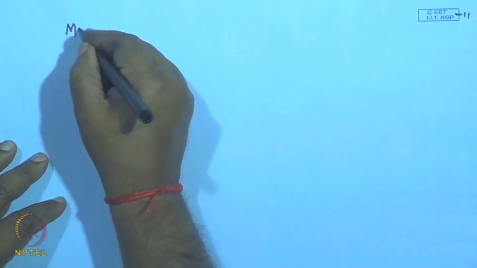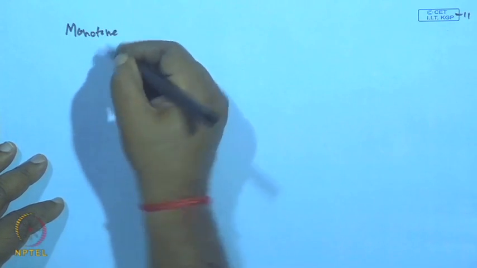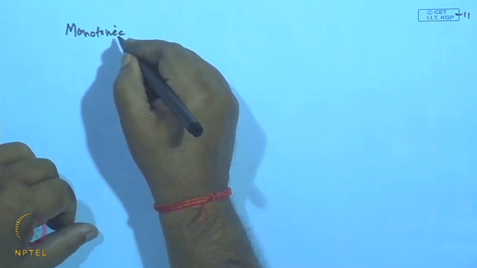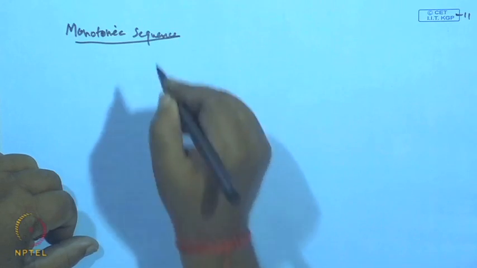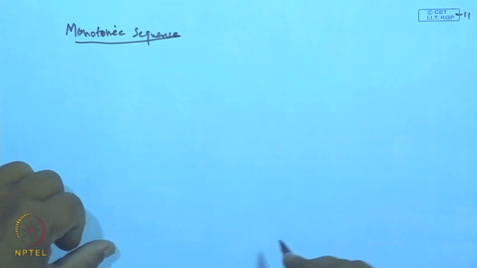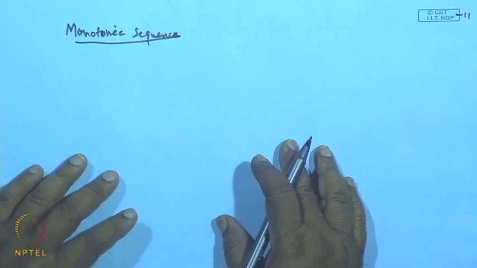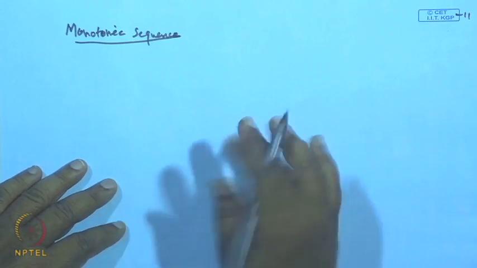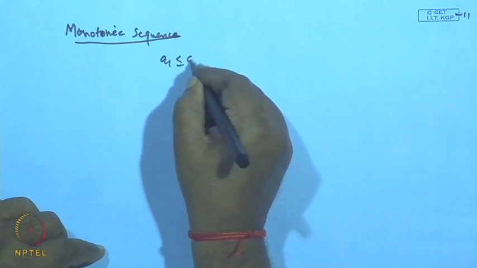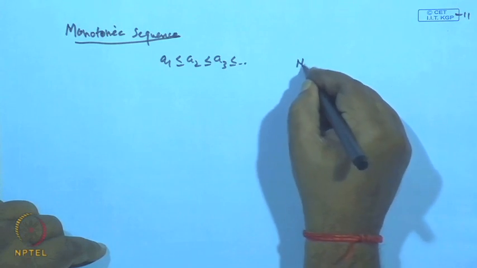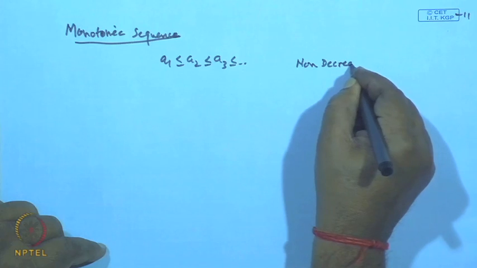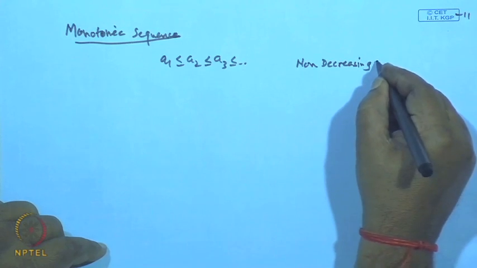Now, monotonic sequences. We have seen that there are two types of sequences which are either non-decreasing, meaning a 1 is less than or equal to a 2 less than or equal to a 3, etc. These are called non-decreasing monotone sequences.